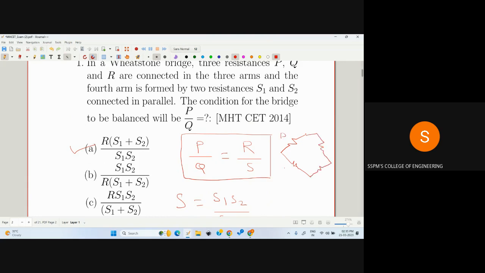This one is P, Q, R and S, and the galvanometer is connected between these two extreme ends, and under the balance condition no current will flow through the branch. I is equal to 0. So we can say P and R are in series, P and S are in series. In this way you may solve the example. It's very easy. It was asked in the MHT CET 2014 exam.